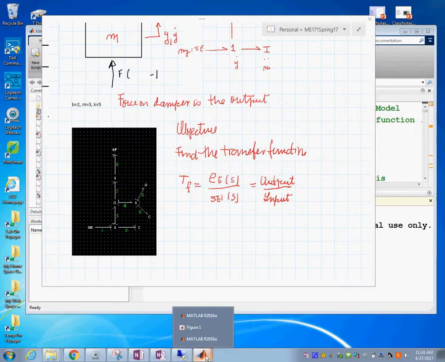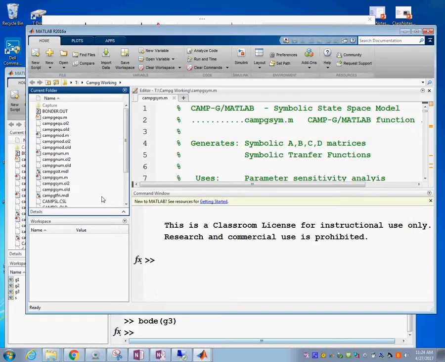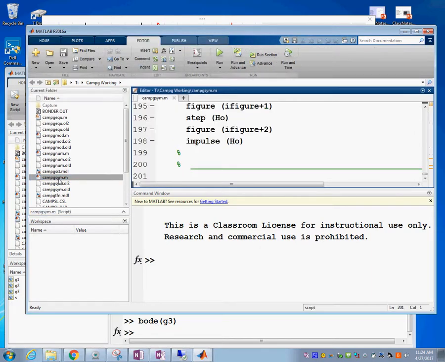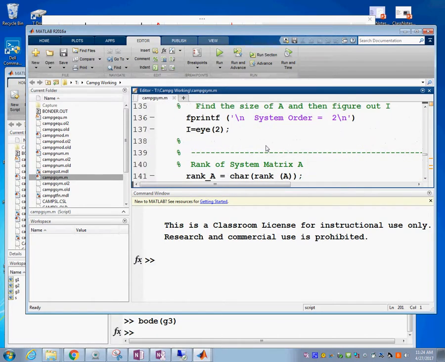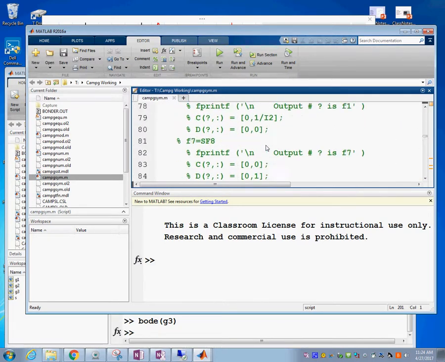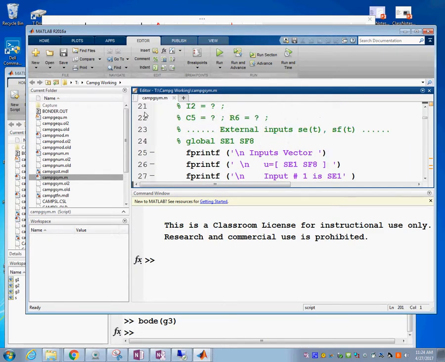And on the MATLAB side, we have these files that CamG produce. We are interested in the CamG SYM file. This is the file that is important because now in this file we need to define what the output is.